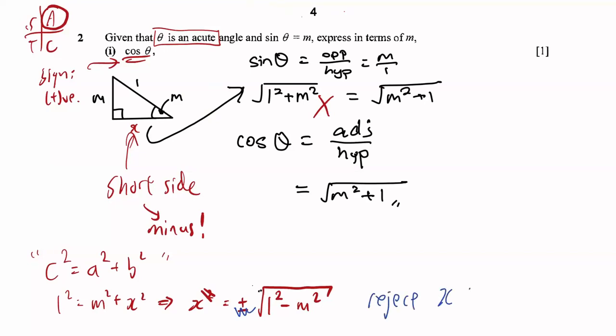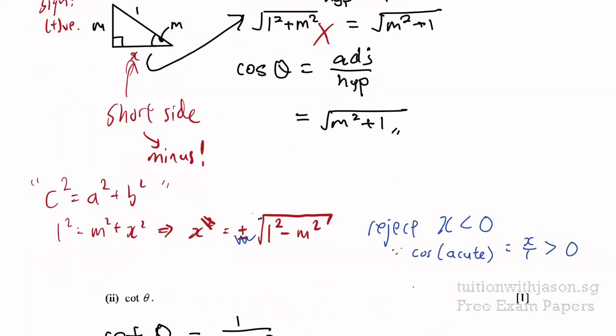Reject x less than 0 because cosine of acute equals x over 1 is more than 0. Okay, good. So that means it becomes positive square root 1 square minus m square.